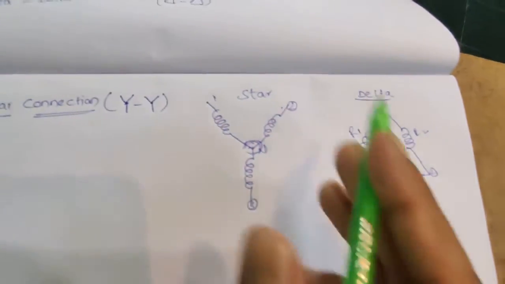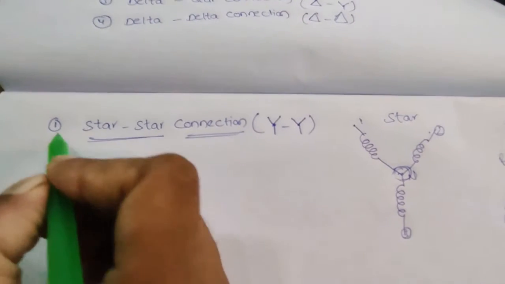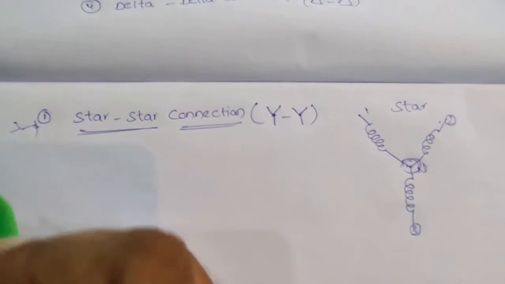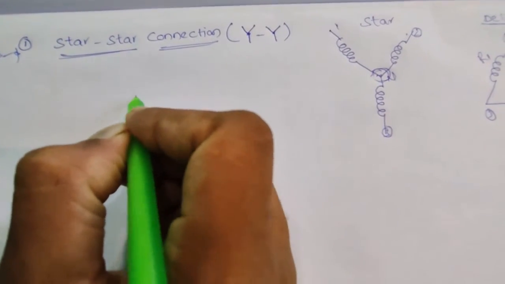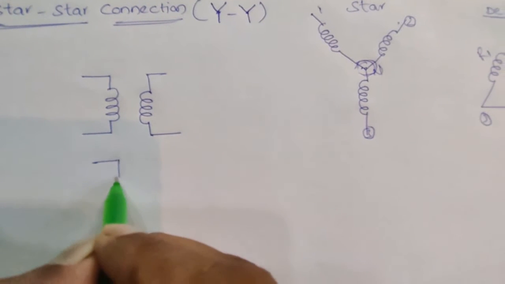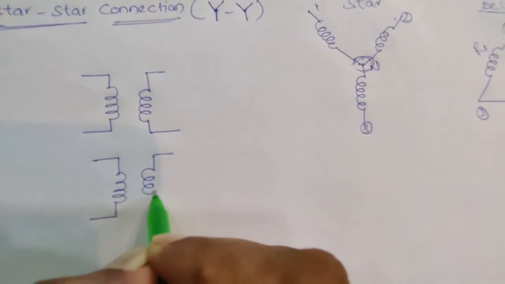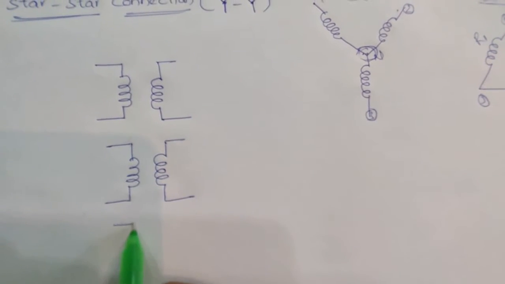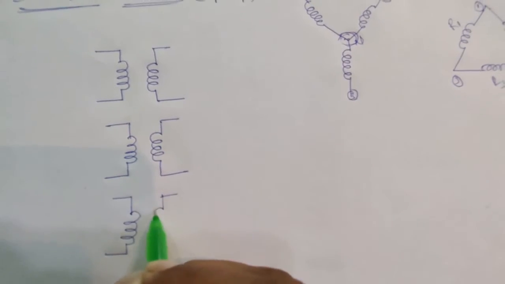Coming to how to connect the star to star connections. This is actually a three-phase transformer, so that's why we have to draw the three phases like this. This is a single transformer and another one, and this is another transformer. These are representing the three phases.